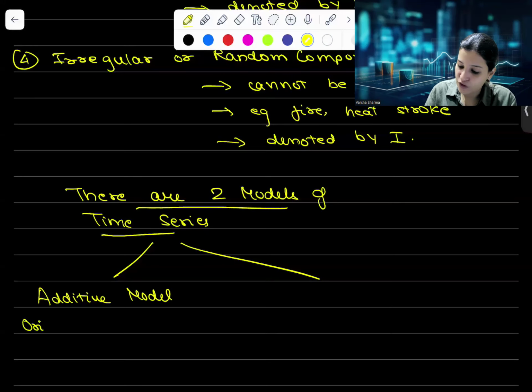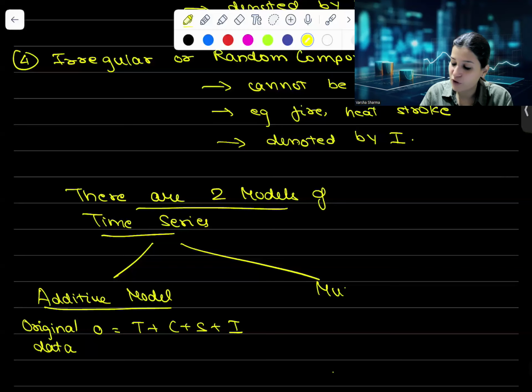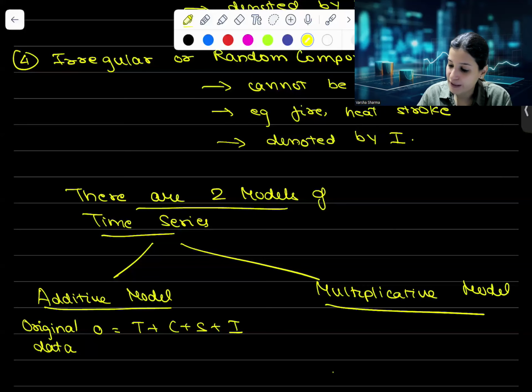It says that original data O will be the sum of trend plus cyclical plus seasonal plus irregular. And second is the multiplicative model. So obviously we can predict that it is the product of all these individual components.